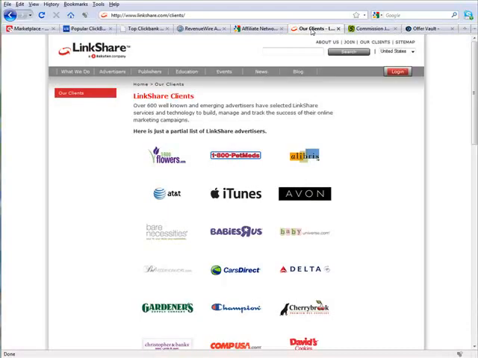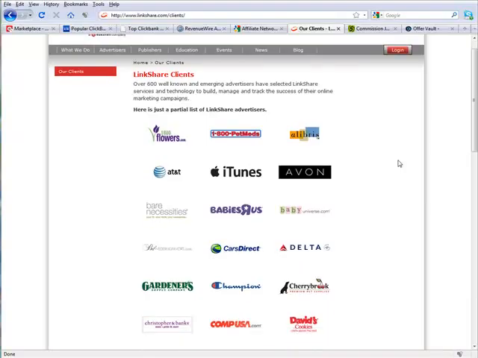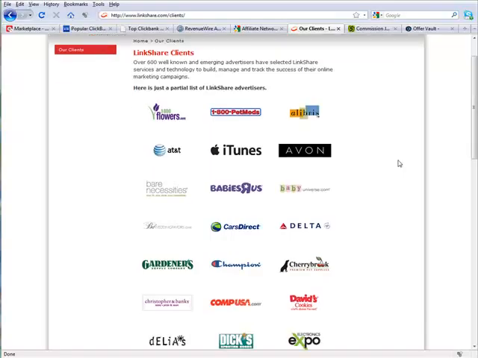Okay, another affiliate network, excuse me, is Linkshare. And just like the Google Affiliate Network, they do list for us not all the different advertisers, but some of the different advertisers that they work with.